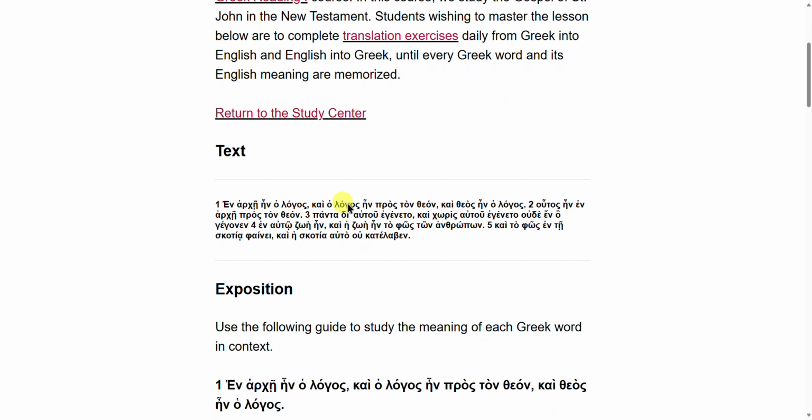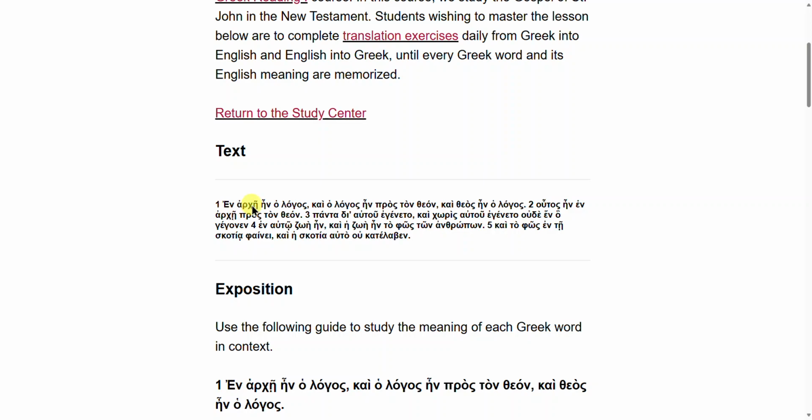But copy the text in large print, whatever you can fit on one line, and then skip a line and continue copying the text. Copy out all the text, and then go back and for each Greek word, under that word on the empty line, write the English meaning of that Greek word. So for en, you would under it write in.